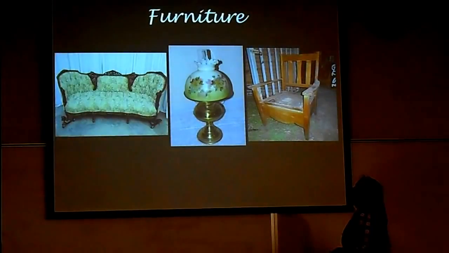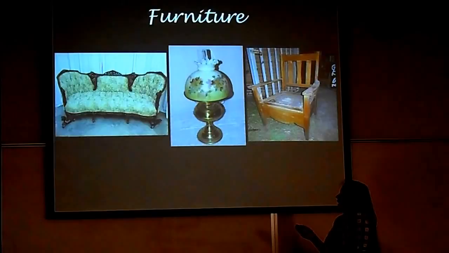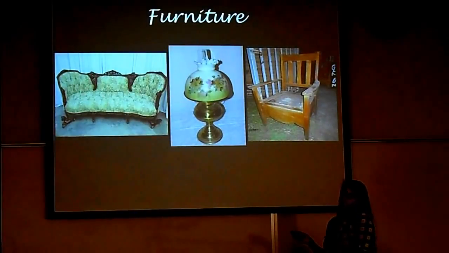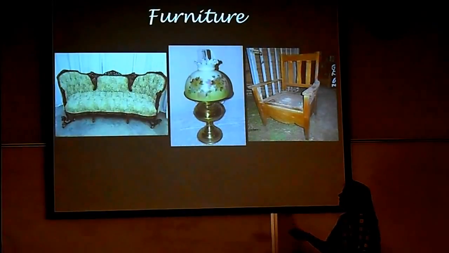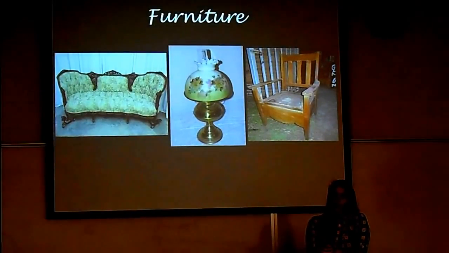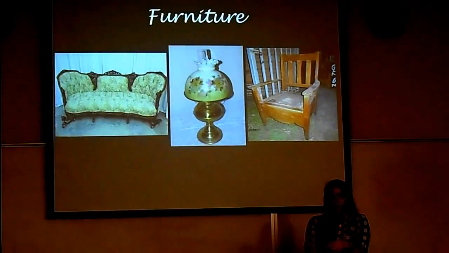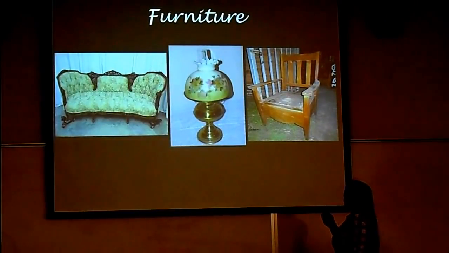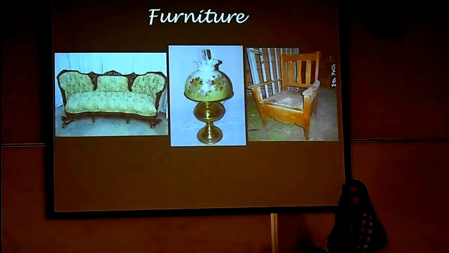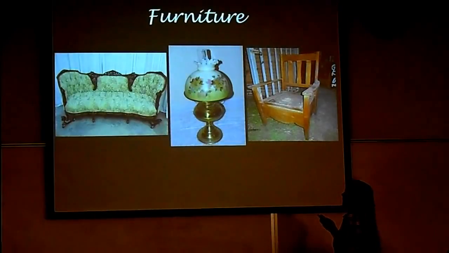The next thing I looked for was furniture, and I think I'd go with a couch that looked like that, and I like this lamp because it looks like it matches that. I feel like she would decorate her house to be nice, but it wouldn't obviously be the nicest because they didn't have nice things. I like this chair a lot because of the way that it looks, and I feel like it could be handed down by older generations to them.